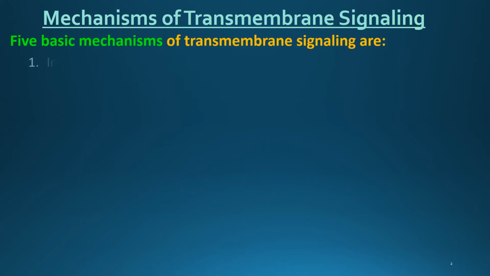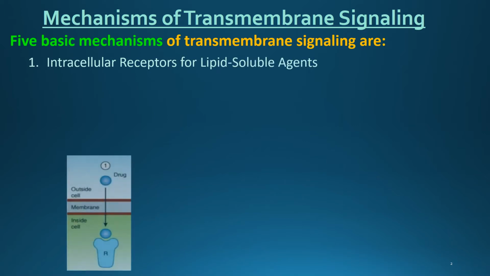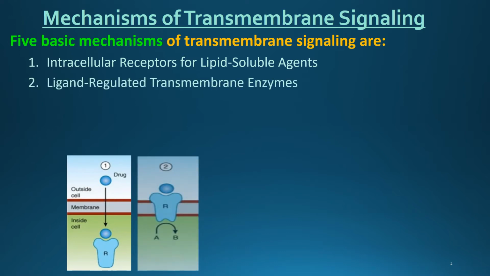First is intracellular receptor for lipid-soluble agents, in which lipid-soluble ligands cross the membrane and act on intracellular receptors. Second is ligand-regulated transmembrane enzymes, in which a transmembrane receptor protein whose intracellular enzymatic activity is allosterically regulated by a ligand that binds to a site on the protein's extracellular domain.